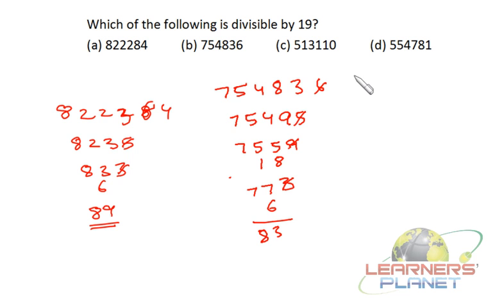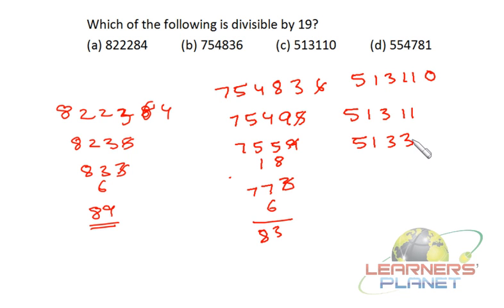Now let's check for 51311. Okay. So now 1 into 2 is 2. So 513 plus 1 into 2, 3.